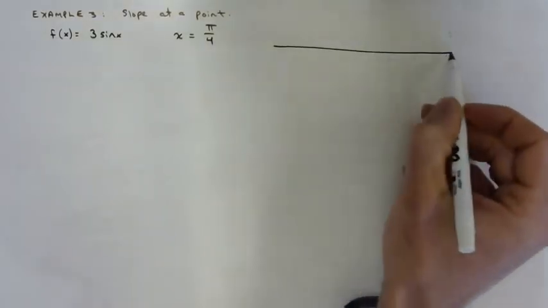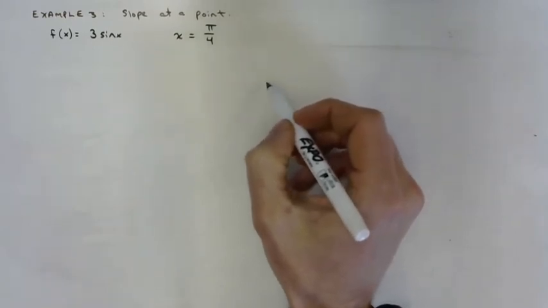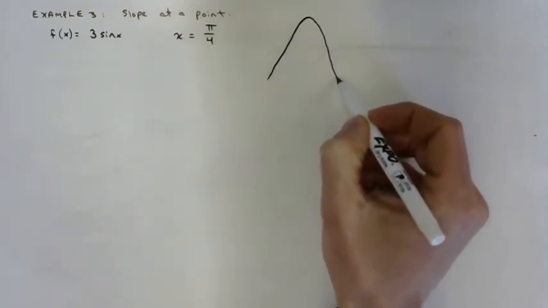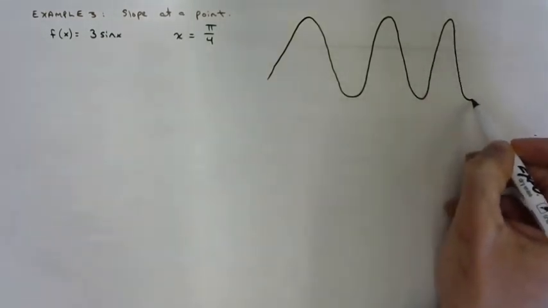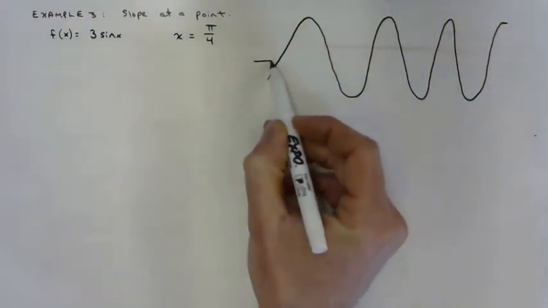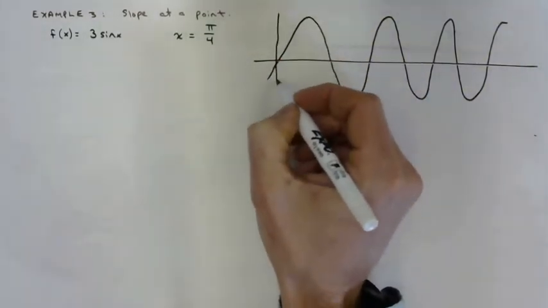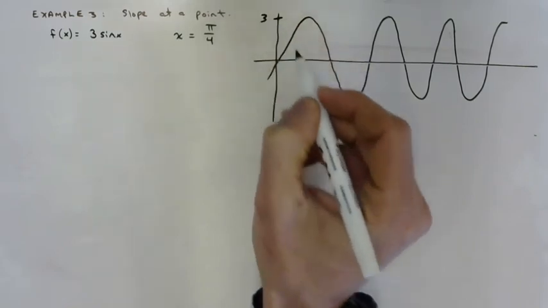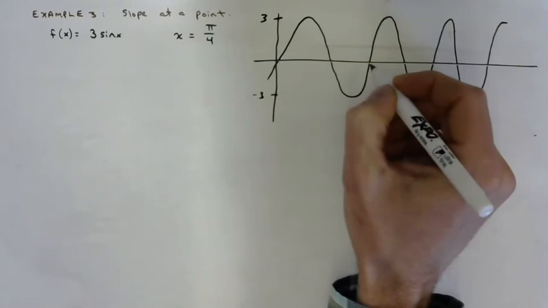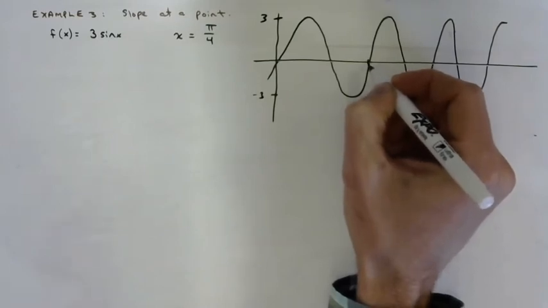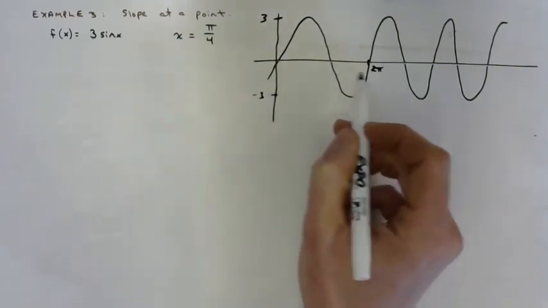Just to think about this for a second, if I draw a bit of a sinusoidal wave, that's pretty terrible, but it has an amplitude of 3. So we have a max of 3 and a min of -3. And just to get our heads back in the world of sinusoidal functions, we haven't stretched or compressed it horizontally.